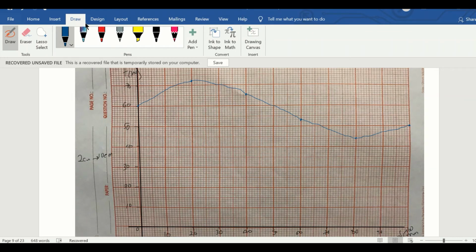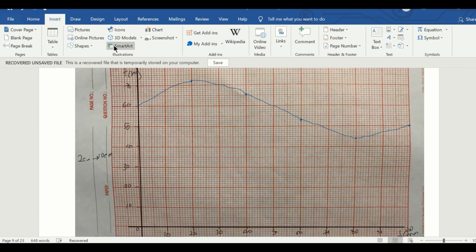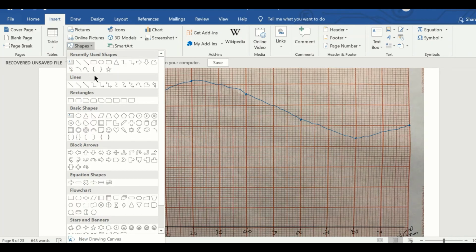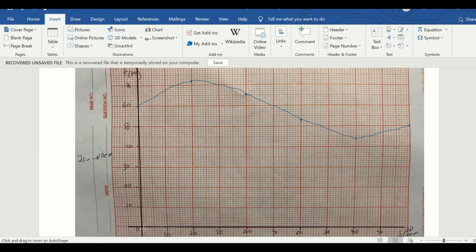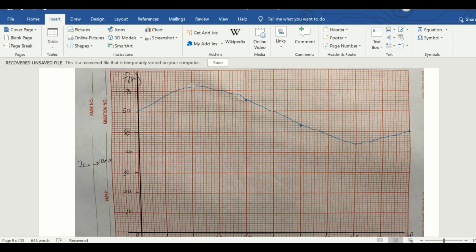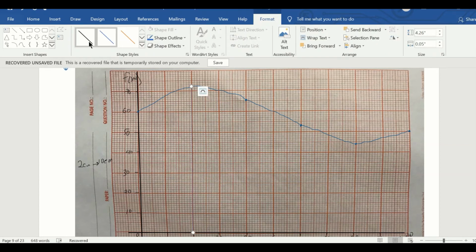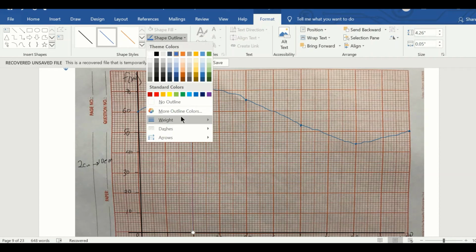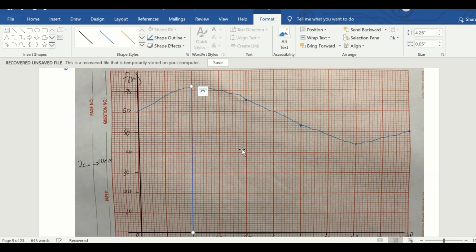So what next? I will divide my x-axis into equal parts. I will divide from 0 to 20. I will divide from 20 to 40.